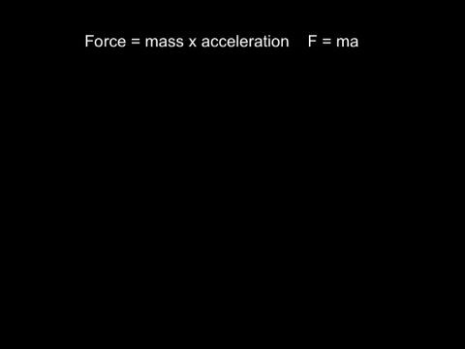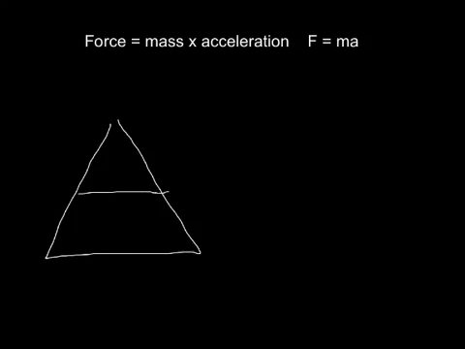So now let's look at our third formula, force equals mass times acceleration. First, let's set up our triangle. Same plan. We're going to go the same way every time with this. We have force equals mass times acceleration, so mass times acceleration, and that would put force at the top.